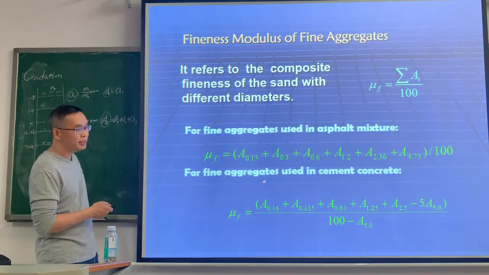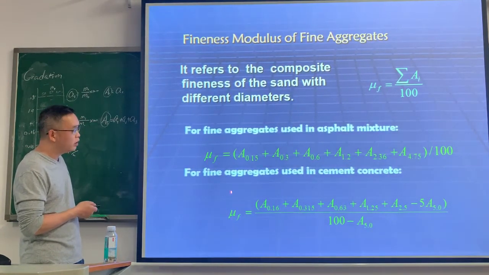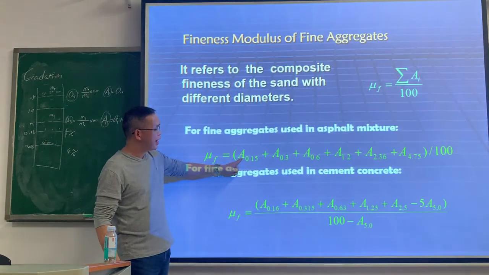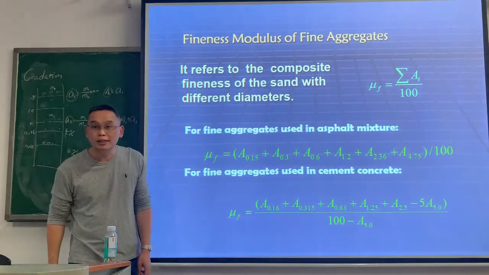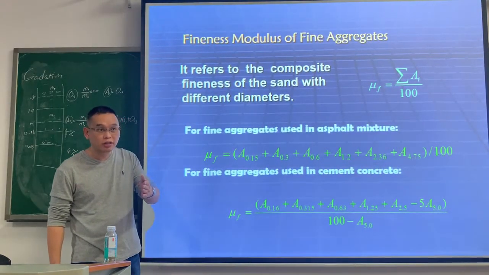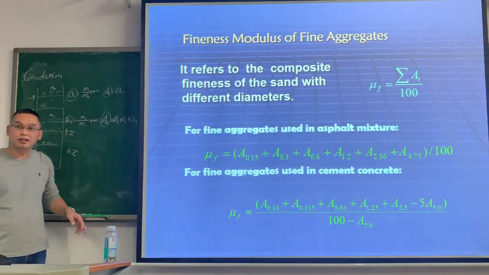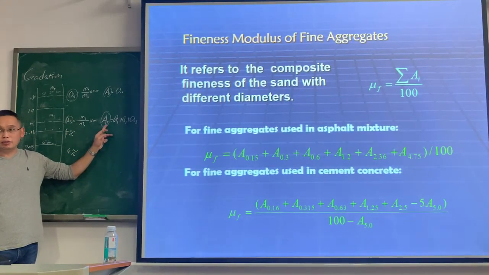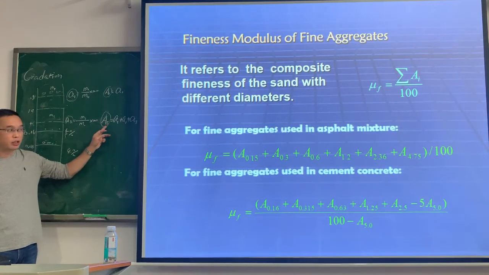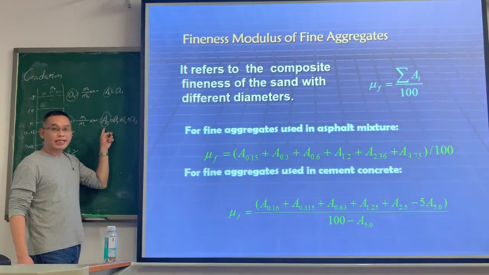Okay, when we calculate the fineness modulus, what kind of value do we need to use? What is this one? What we have learned just now. It is the accumulative percentage retained. So this index is the gradation index.